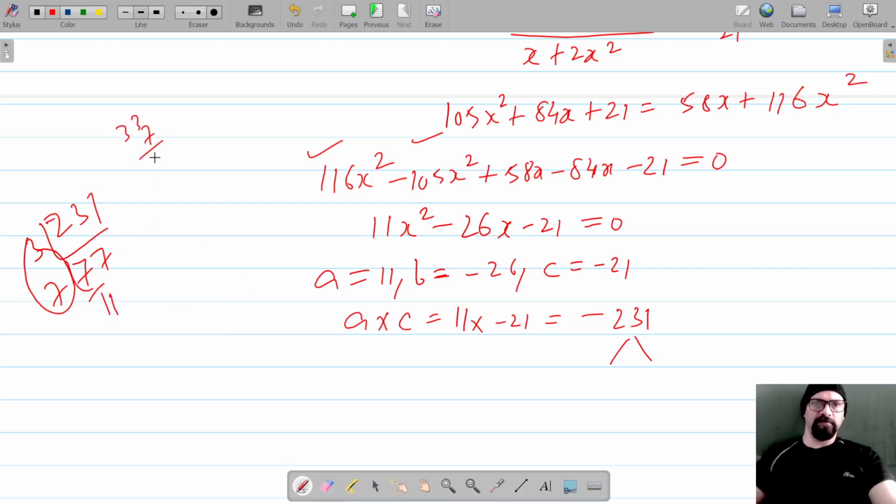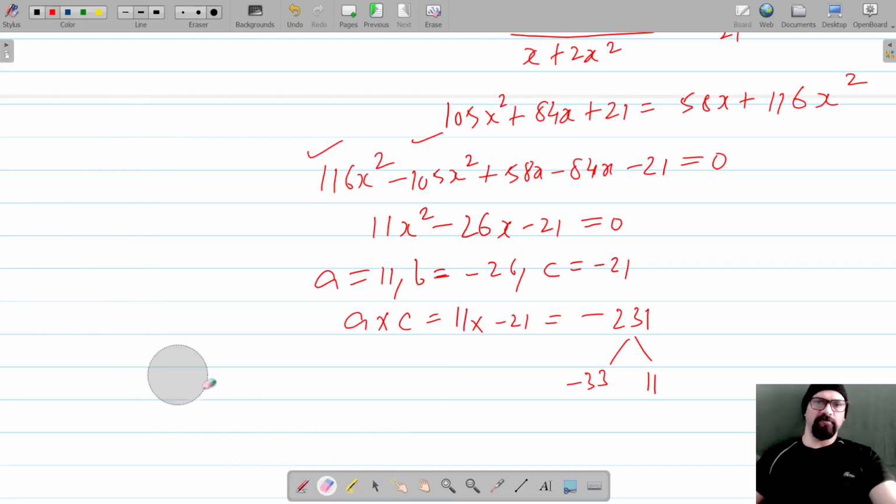So 33 minus 7 is 26. So the factors are 33 and 7, and negative 33 and 7 are the factors that will give me negative 33 into 7 is equal to negative 231, and negative 33 plus 7 is equal to negative 26.